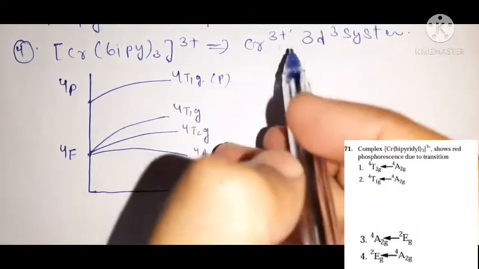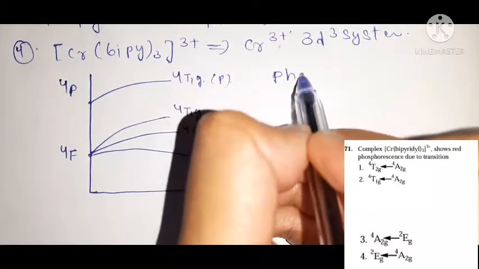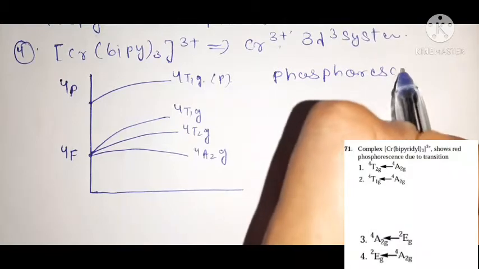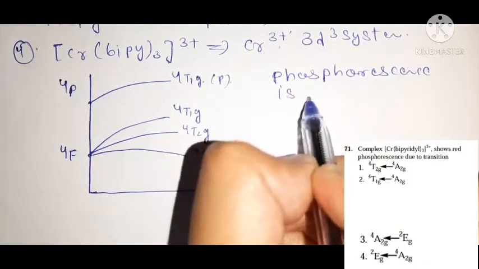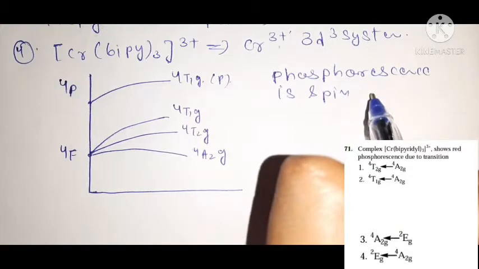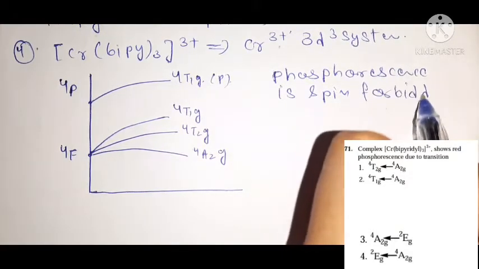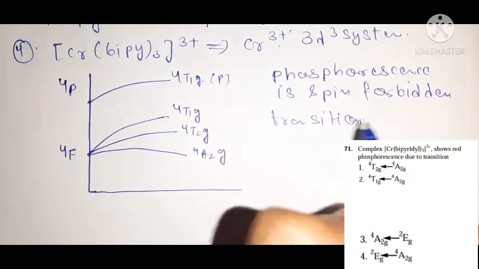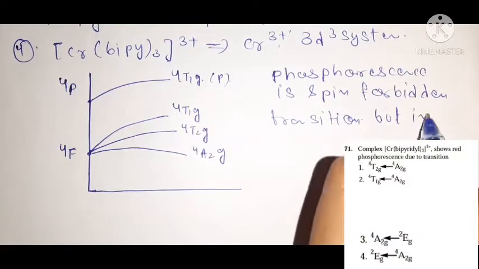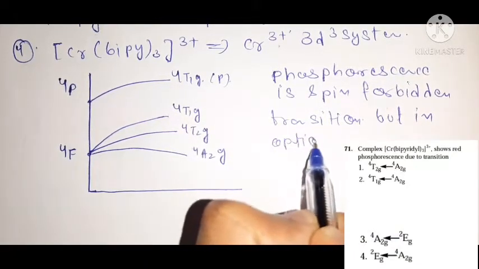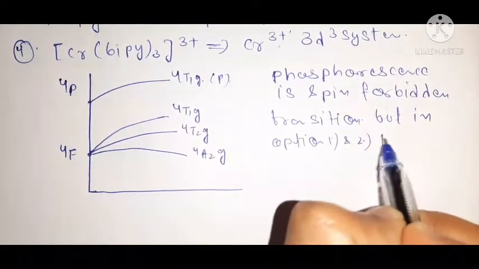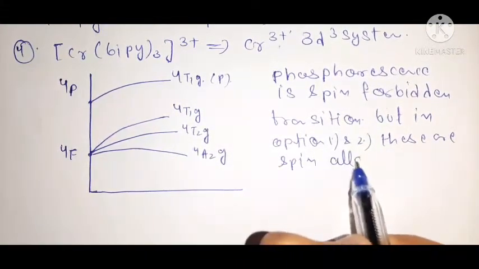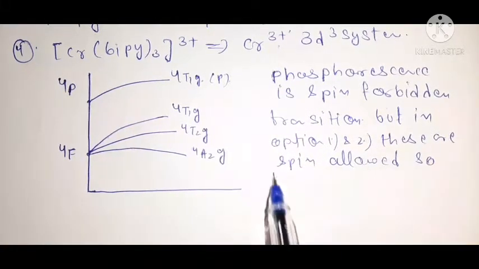Okay, so first of all we write that phosphorescence is a spin forbidden transition. Okay, but in option first and second, these are spin allowed, so they will be cancelled out.